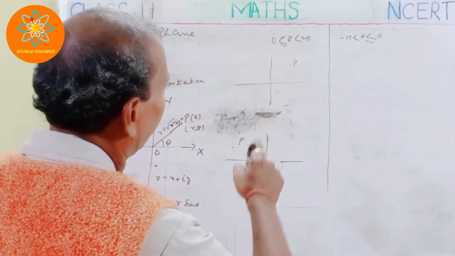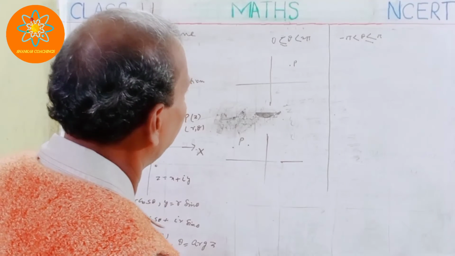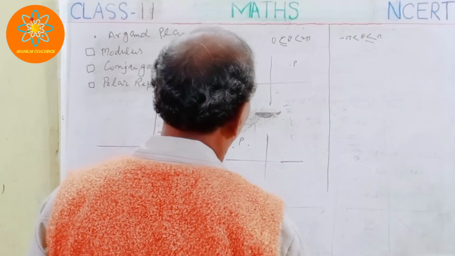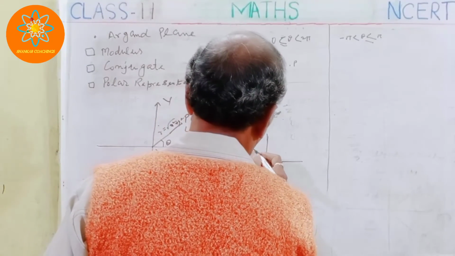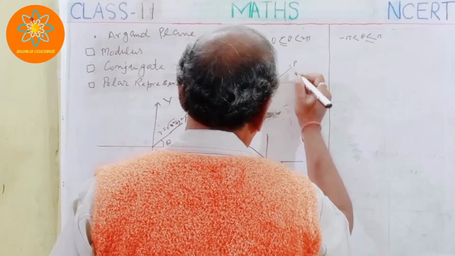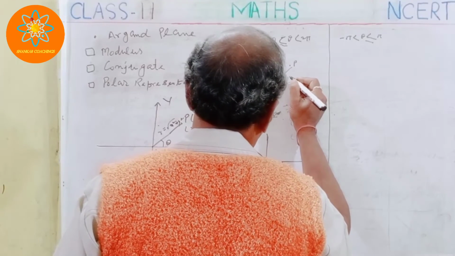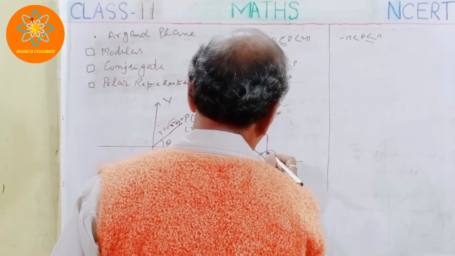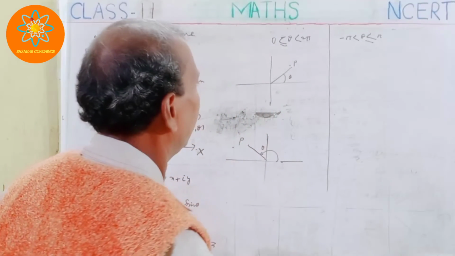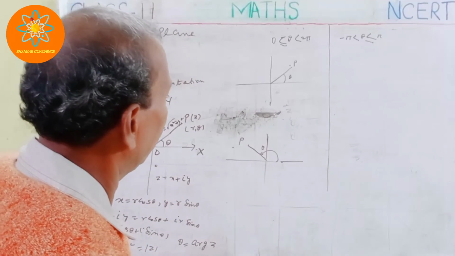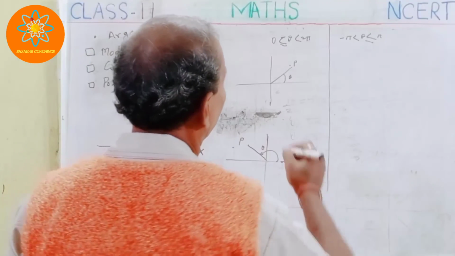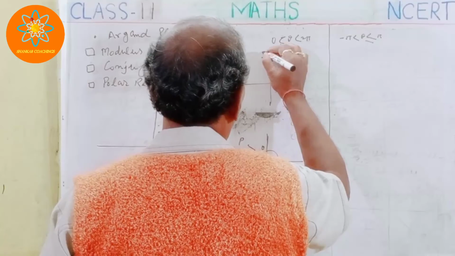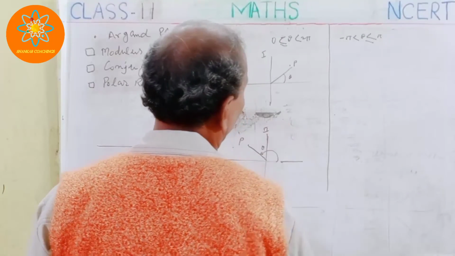In the first coordinate and the second coordinate, the value of theta is the same. This is theta, and this is also theta.